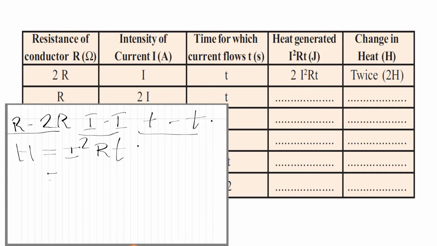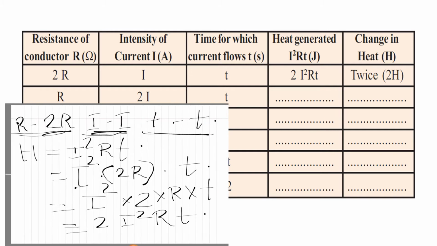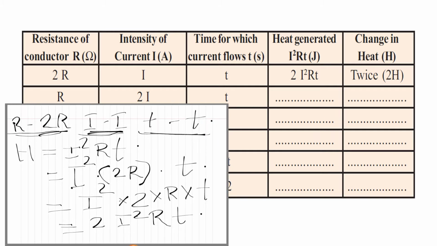Here there is no change in the value of I, so I squared, then the resistance R changes to 2R, then we write 2R into T. There is no change in T. That is equal to I squared into 2 into R into T. Then we can shift this 2 in front: 2 into I squared RT.